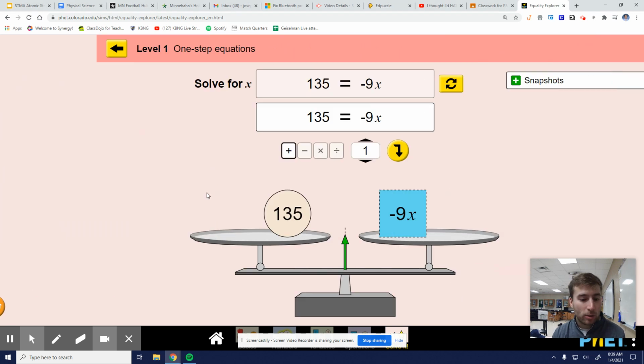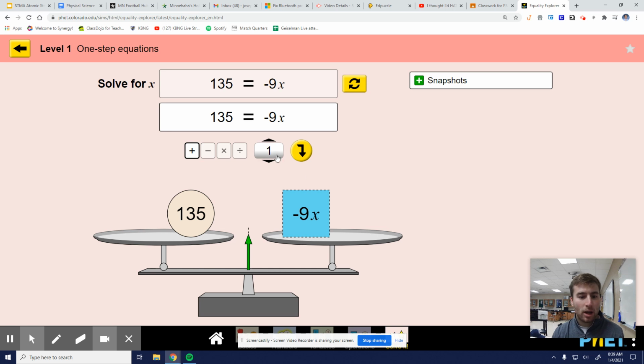So how we play the game is we click on one star and it will give us an example equation. This example is telling us to solve for x. So we have 135 equals negative 9x. Well, how am I going to get x all by itself? That's really what I'm looking to do today. To do that, I want to divide, because x and the negative 9 are being multiplied together.